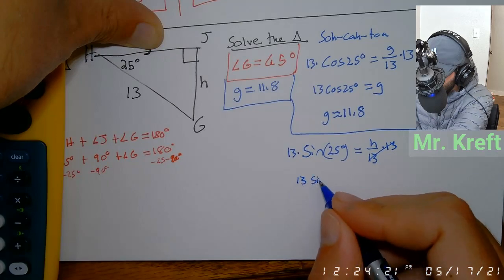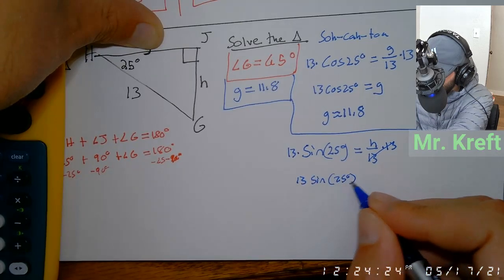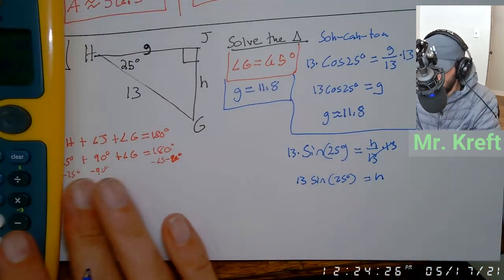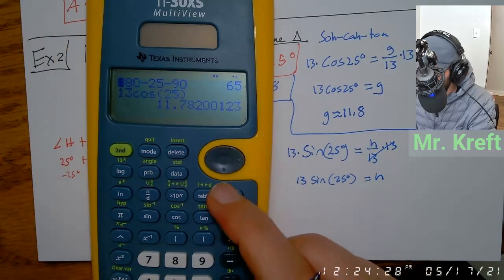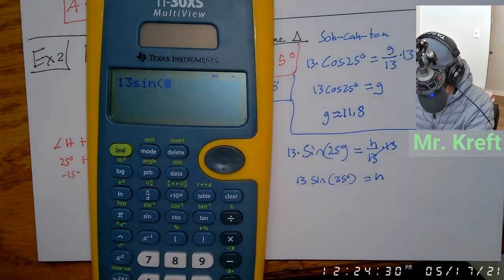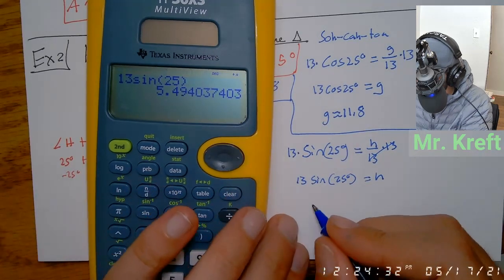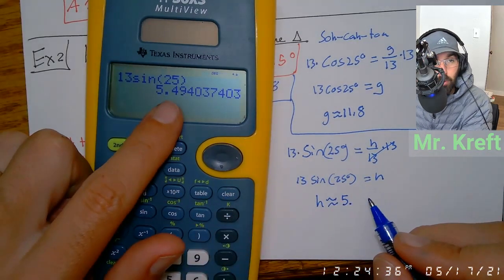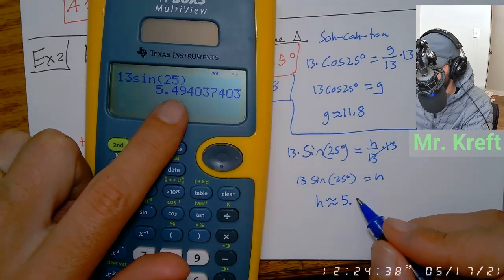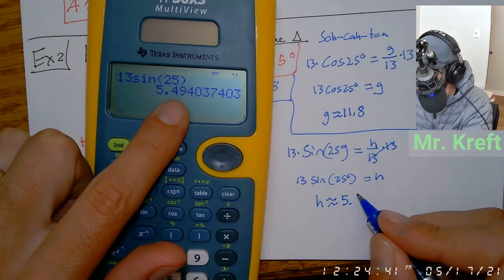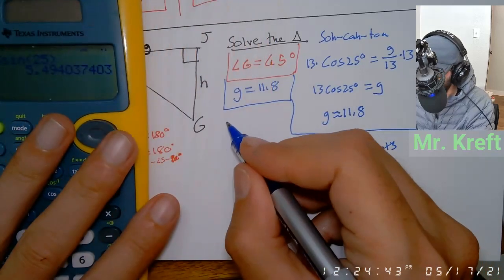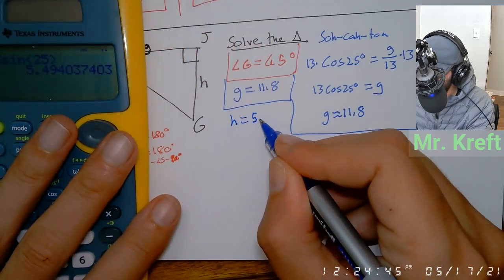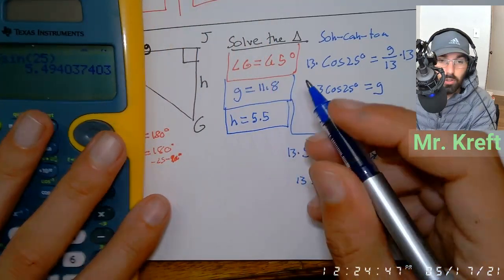I get 13 sine of 25 degrees equals h. Let's type that into our mighty stallion here. 13 sine of 25, and I get h is approximately 5.4. If I round to the first decimal, I get a 4, but the second decimal is 5 or higher, so it's going to be 5.5. So little h is 5.5.